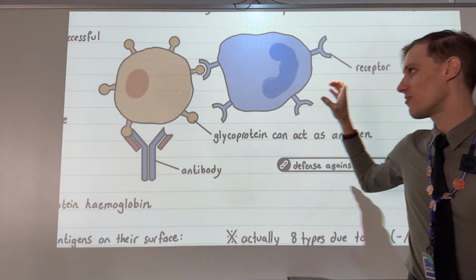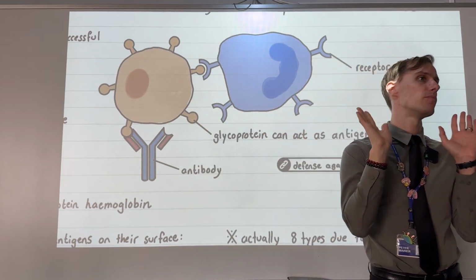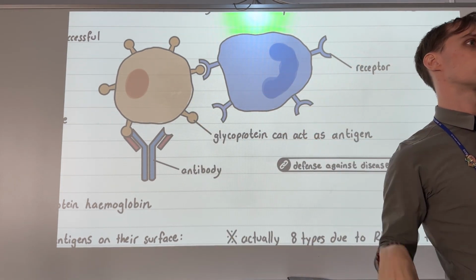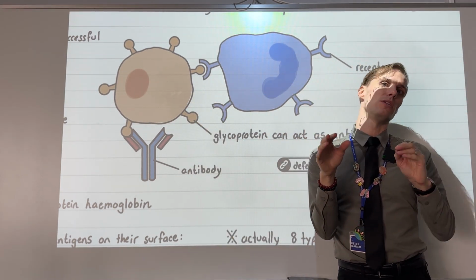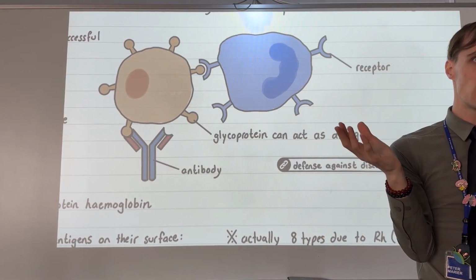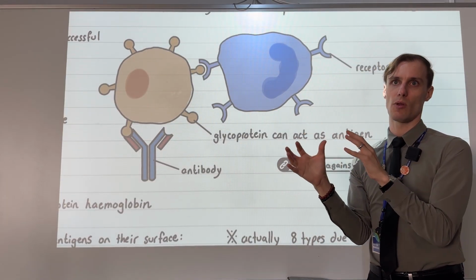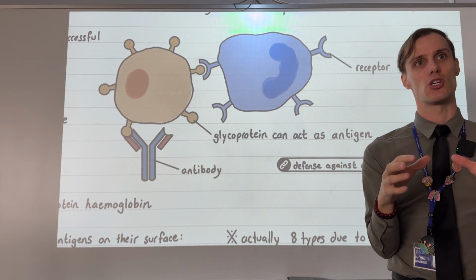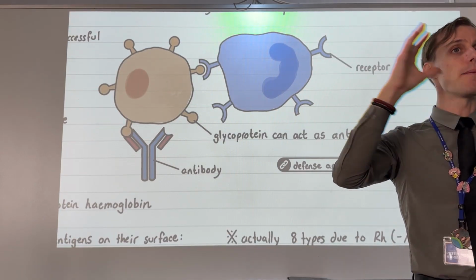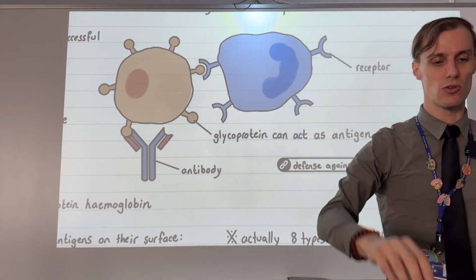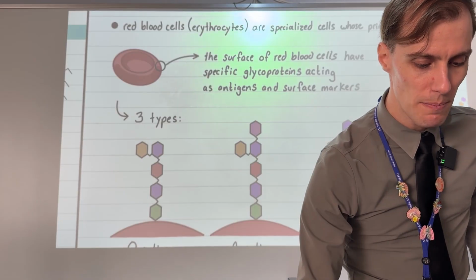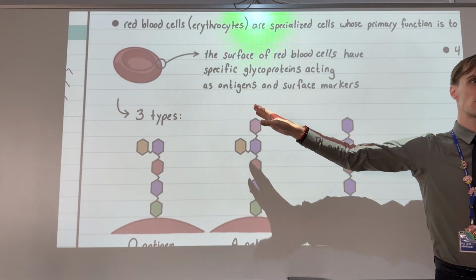Versus if they identify the cell and they're like, oh, yep, this is fine, it'll leave it alone, so to speak. So these glycoproteins have a lot of functions, but their major function that we're exploring is in cell-to-cell recognition. And the example that we're going to use to study this is red blood cells, or your erythrocytes.